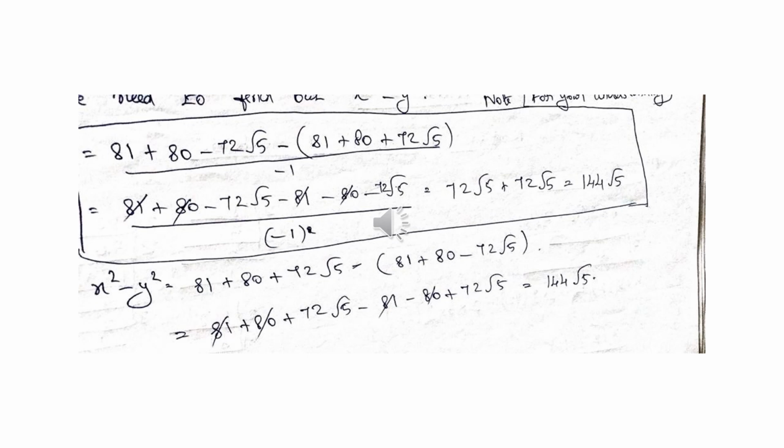what we'll get is root 3 minus root 2 minus 1 by 4 minus 2 root 6. But here the question is rationalize the denominator. So again we need to rationalize this one, because previously there were three terms.